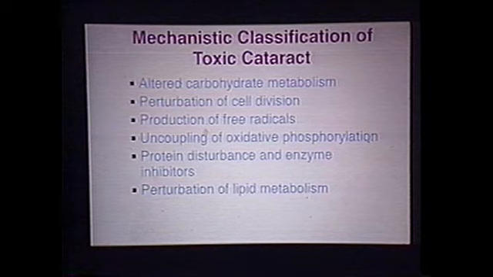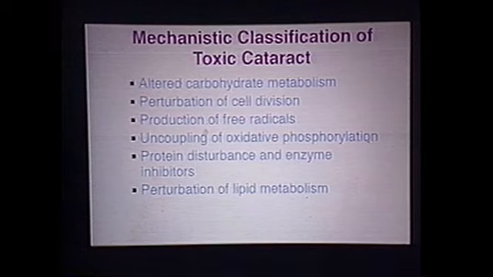The following is an attempt at a more mechanistic classification system, and there are examples of every category shown here. The first is where there's an altered carbohydrate metabolism, in other words, substances which adversely affect the carbohydrate metabolism in the lens.